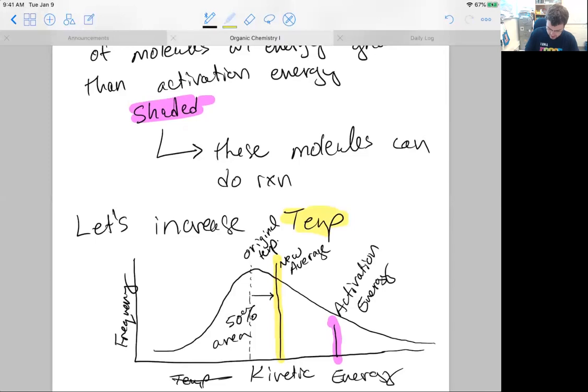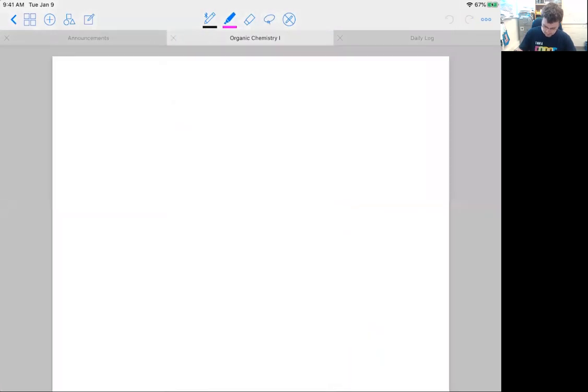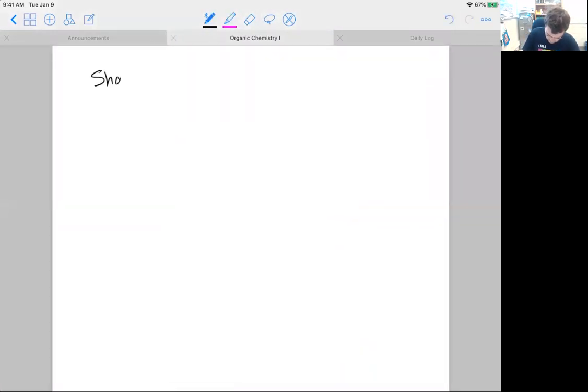What's exciting about this is the activation energy doesn't move because that reaction is just fixed. We've increased the temperature to bring our molecules closer to that kinetic energy required for the reaction to occur. Do all of the molecules have the kinetic energy for our reaction? No, definitely not. But a much bigger proportion of those molecules do. The shaded area increases.